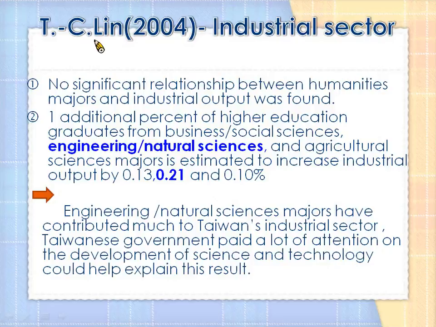That is why in most of the economy, even today, we have a large group of students who all major in engineering and natural sciences. And the university which has engineering and natural science departments usually gets a large piece of funds from government.